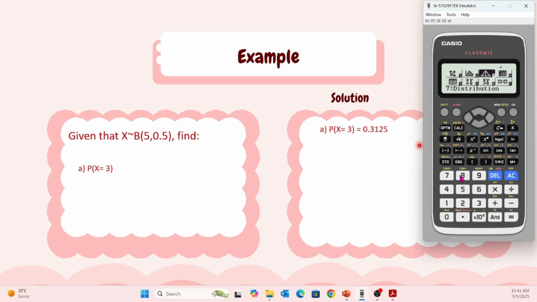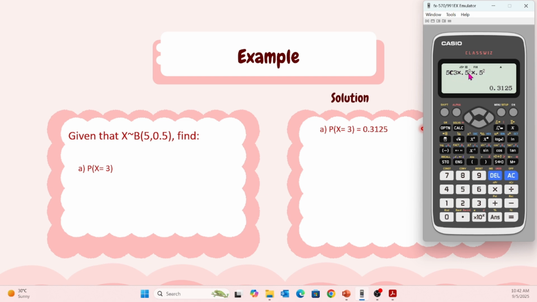Using normal calculation, we have 5C3, where X is 3, times the probability of success 0.5 to the power of X, which is 3, and then times the probability of failure 0.5, because it's 1 minus P. The powers add up to 5, so this will be 2. So again, 0.3125.